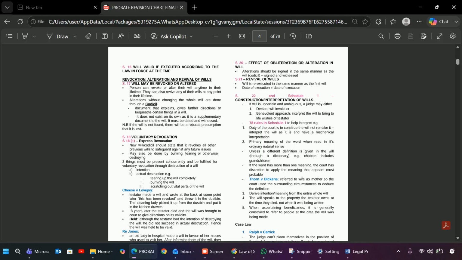We have voluntary revocation. Under voluntary revocation, pursuant to Section 18(1), we have express revocation. Now we have a new will or a codicil, which should state that it revokes all other previous wills to safeguard against any future issues. It may also be done by burning, tearing, or otherwise destroying.